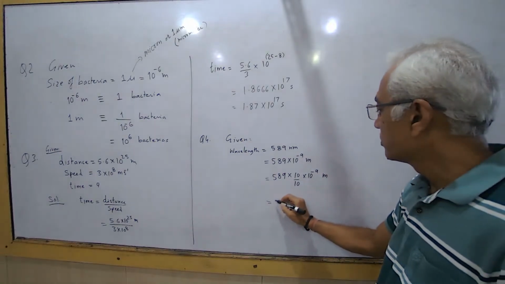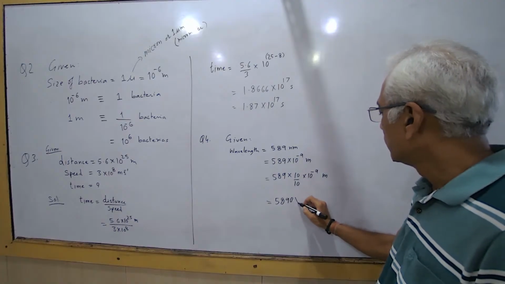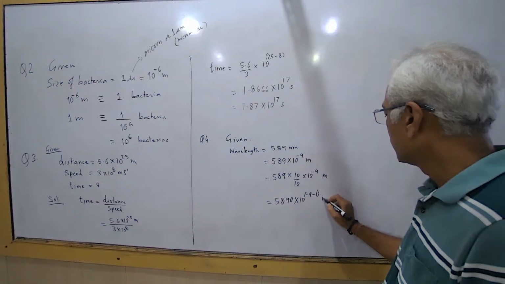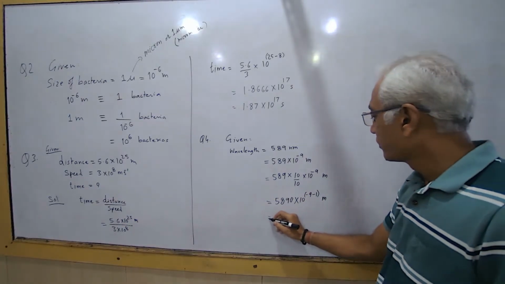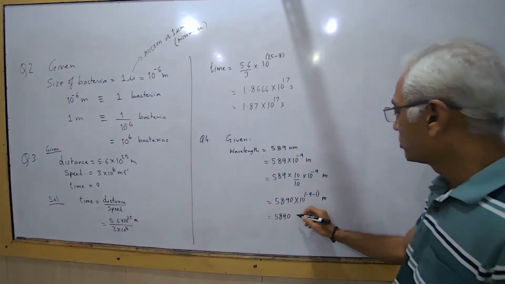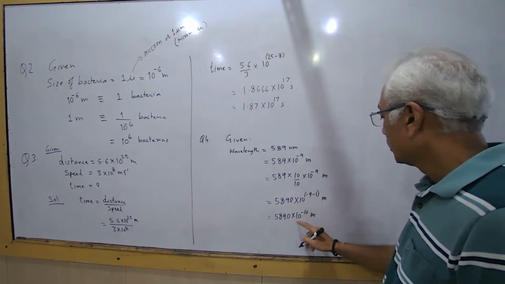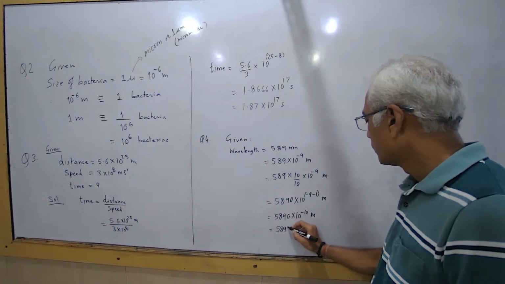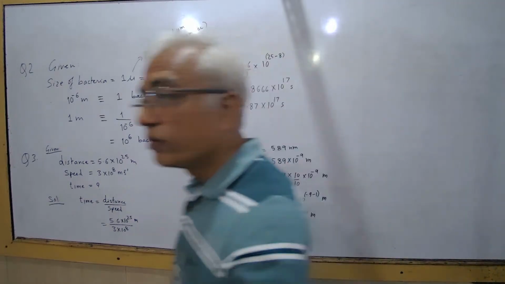So this becomes 589 and this 0, into 10 raised to minus 9 minus 1 meter. Understood? This 10 goes up. So this is 5890. You can write directly also if you are comfortable. So this is 10 raised to minus 10 meter. 10 raised to minus 10 is angstrom. This is given in the table.